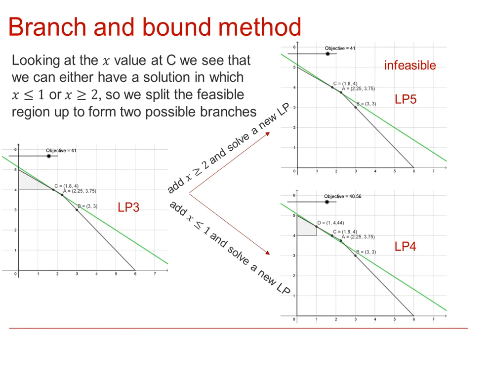Now the LP5 solution is outside the feasible region, so we do not consider this solution further, and it is said to be infeasible. LP4 gives an optimal solution at 1, 4.44 with objective value of 40.56.